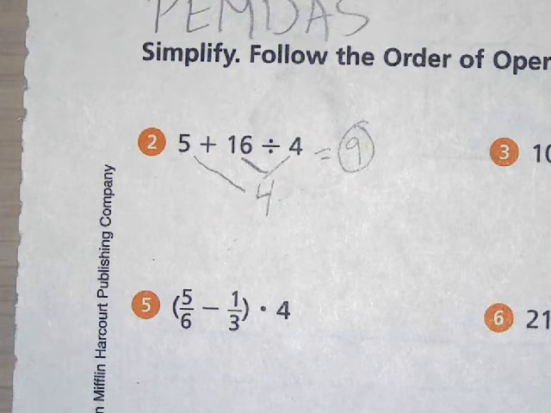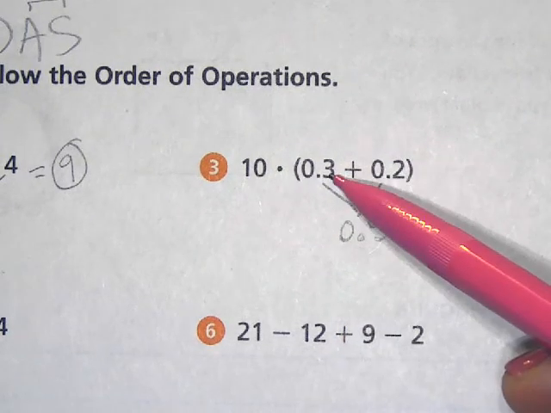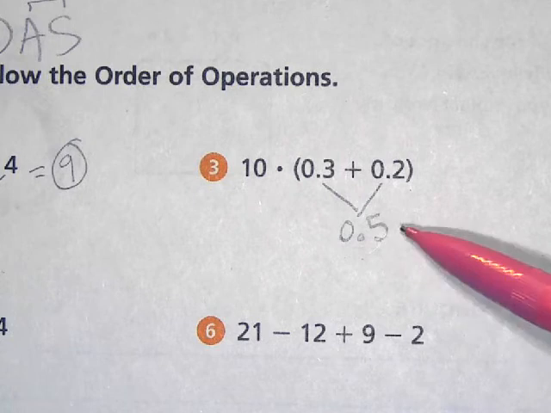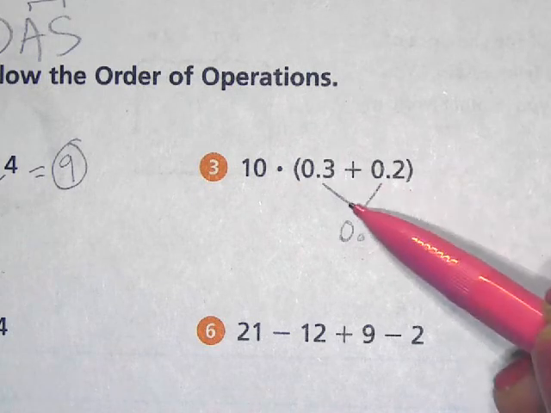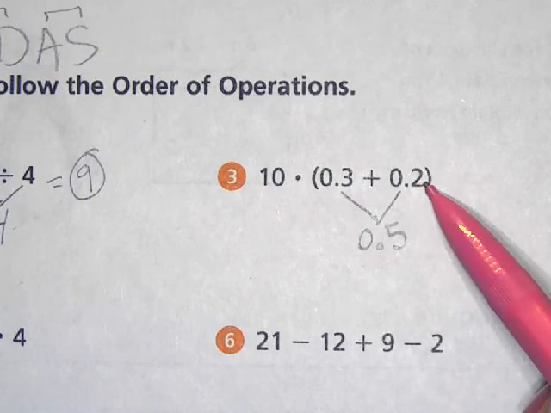So I'm going to write that right here. 0.5. 0.3 plus 0.2 is 0.5. Okay, now I've solved the parentheses, so I move on. This is kind of like doing the wiki. I don't need this information anymore.